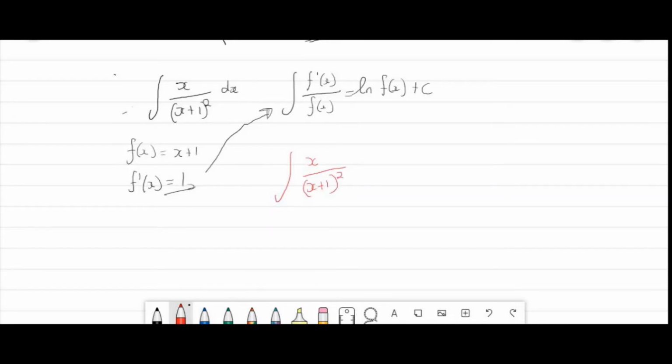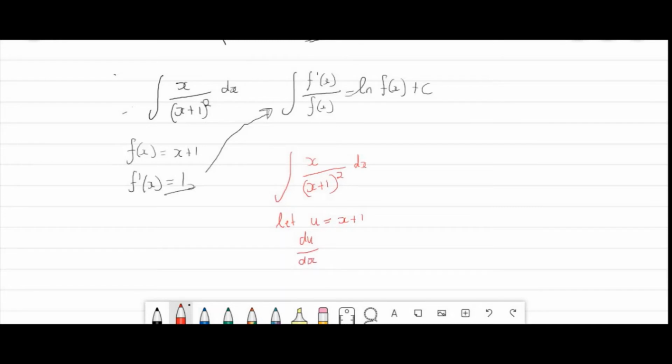To integrate this, let u be equal to x plus 1.